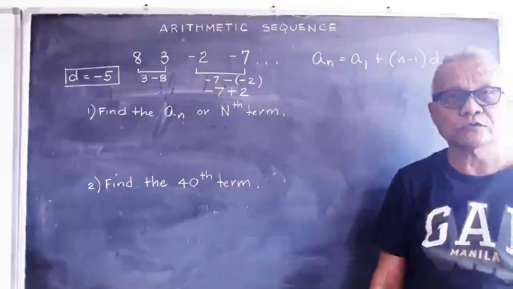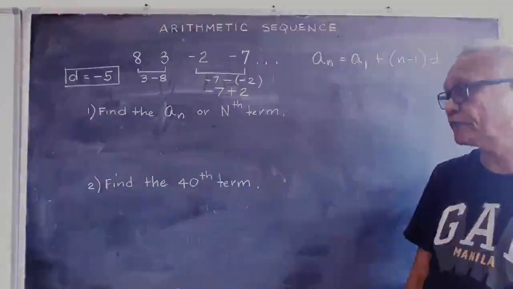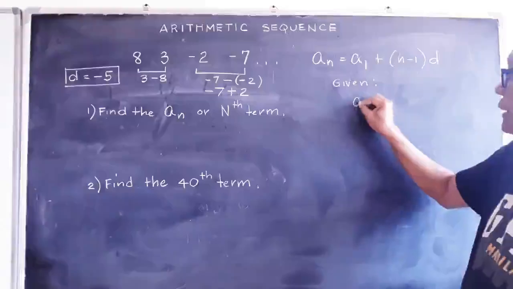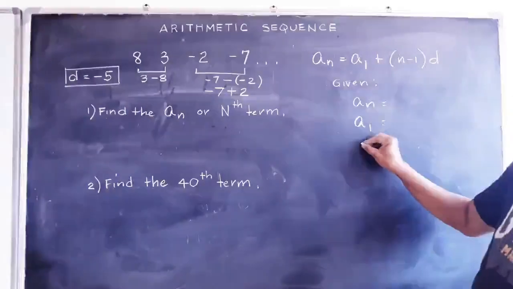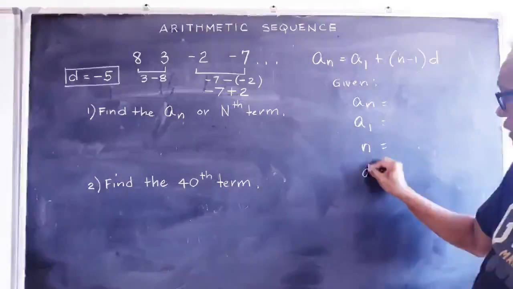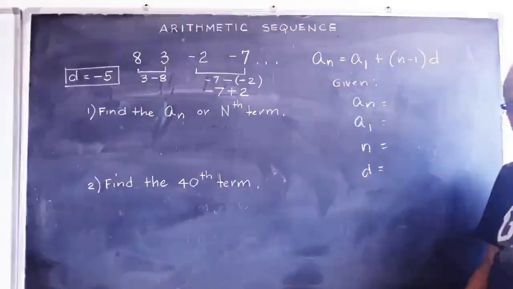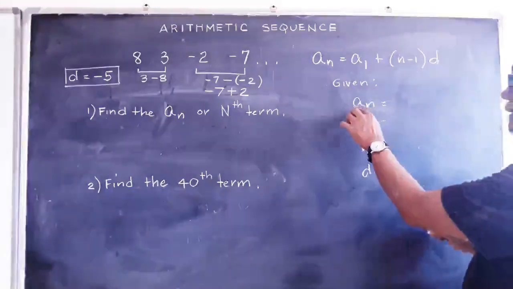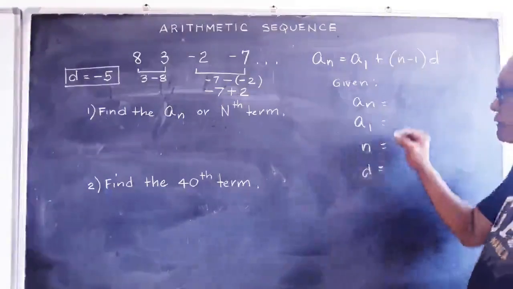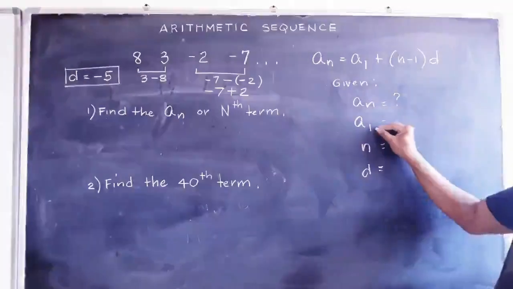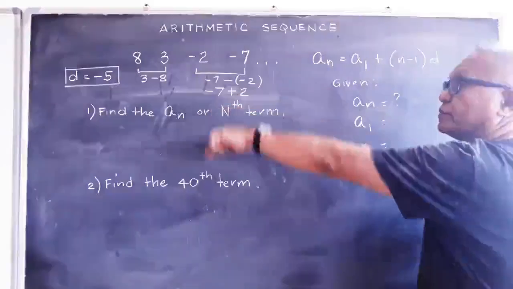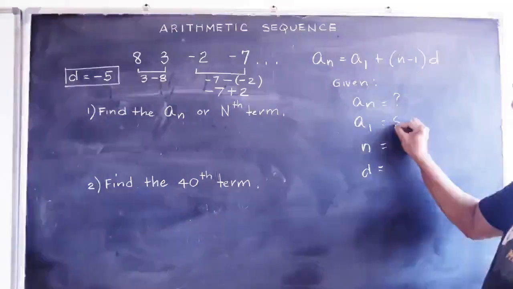If the question is find the 40th term, you have A_N, A1, N, and D. A_N is the thing we are finding, question mark. Do you have the first term? Yes, we have the first term there, 8. So we have 8 here.